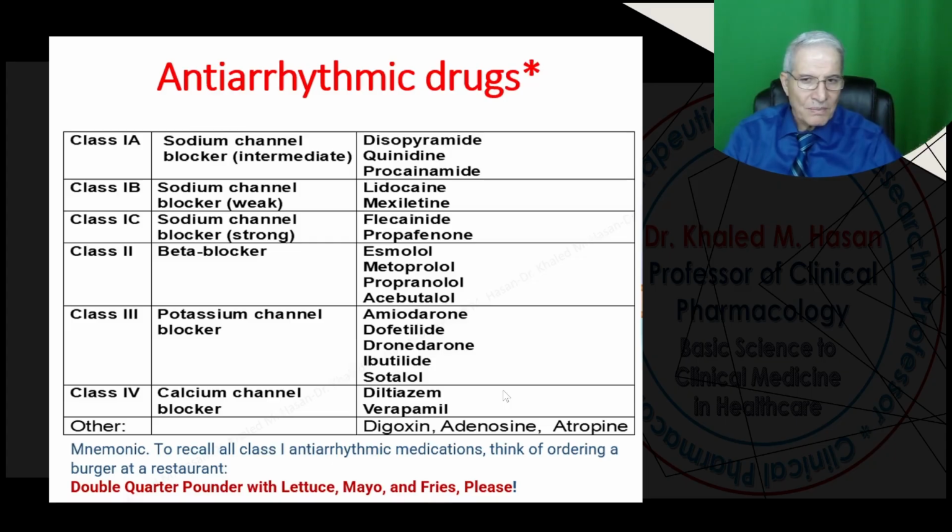This makes the situation easier for me. For example, if someone asks me, can you tell me about class 1A antiarrhythmic drugs? Double quarter pounder: disopyramide, quinidine, procainamide. What about class 1B? We have lettuce and mayo: lidocaine, mexiletine. What about class 1C? We have fries please: flecainide and propafenone.